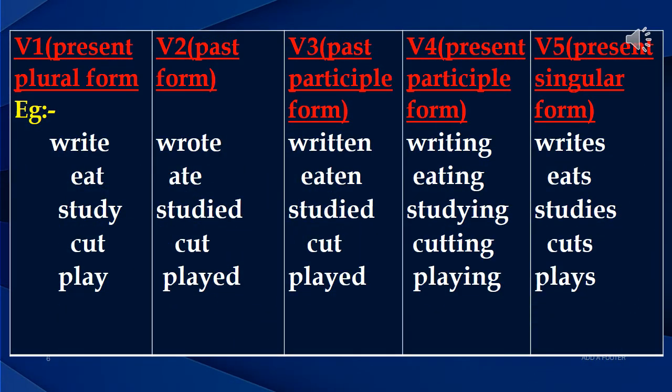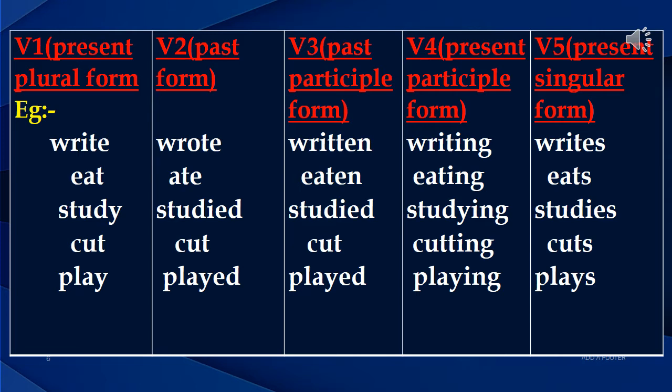Before going to study each and every form of tense, let us revise verbs and their five different forms. Each and every verb in English has five forms. V1 means present plural form, that is the base form or the root form of the verb. We use V1 verbs with plural subjects. Then comes V2, the past form of the verb.